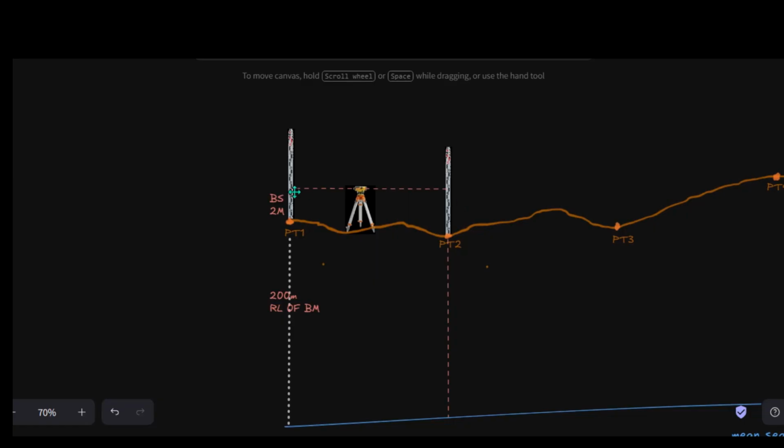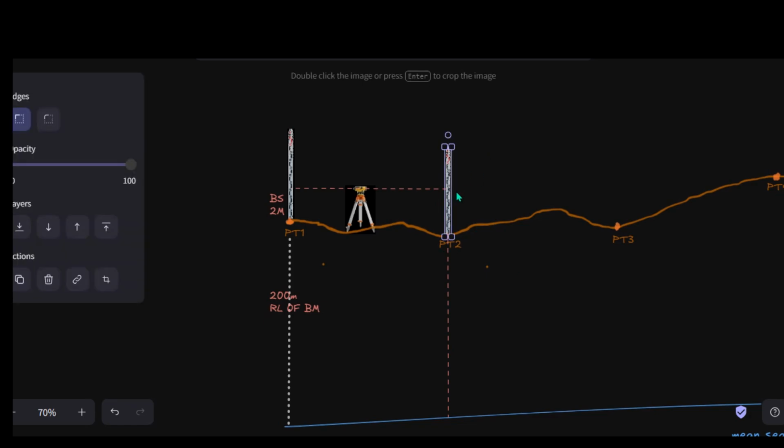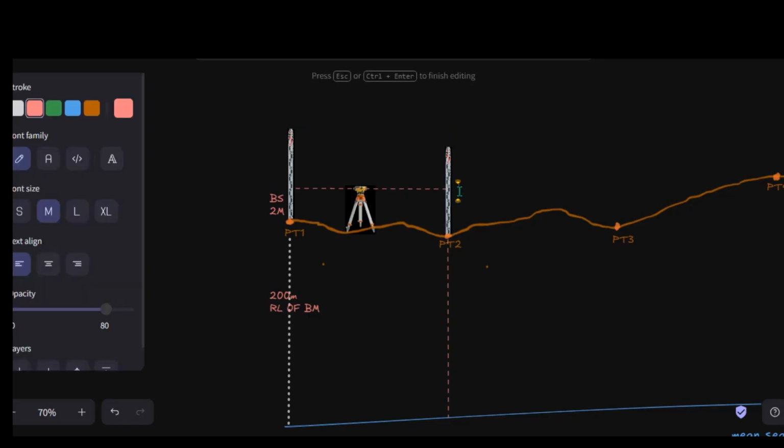Remember, after your benchmark, the next subsequent reading is your intermediate sight, except where you need to change the level instrument. That is where you need another name for this height. But let's say it's the intermediate sight, and let's call it 3 meters.